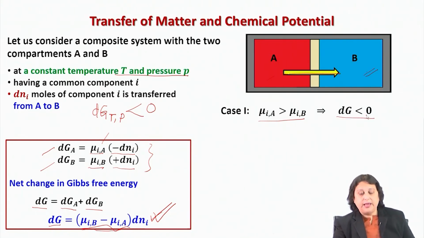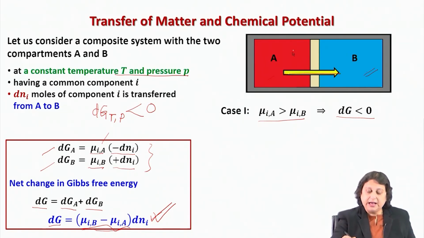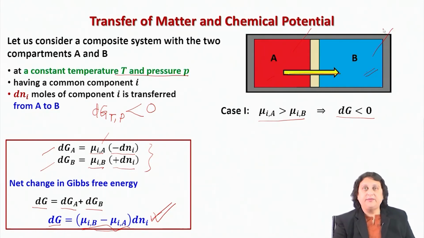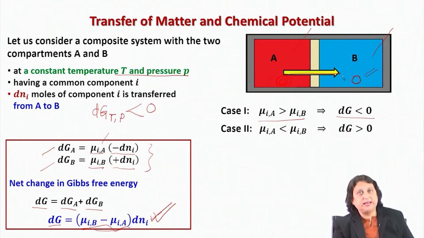Therefore, if the chemical potential of the ith substance is higher in the compartment A in comparison to the compartment B, I can very easily conclude that a spontaneous transfer of matter will take place from the region A to the region B. Now let me consider the next case where mu IA is less than mu IB.